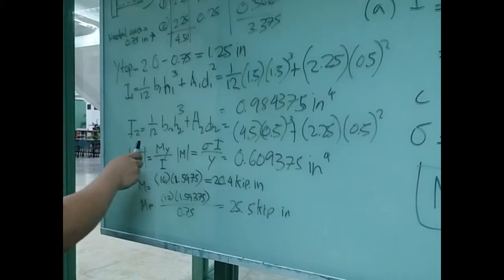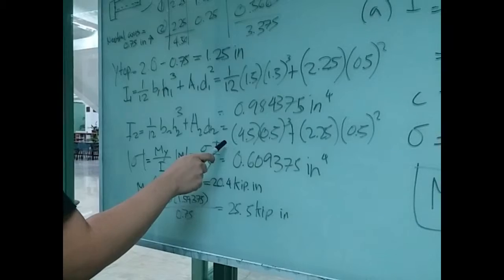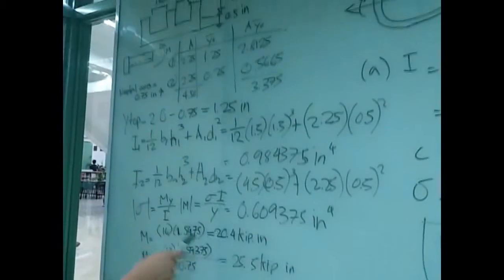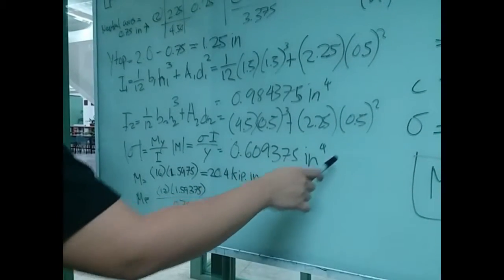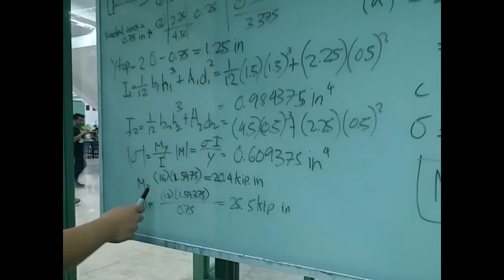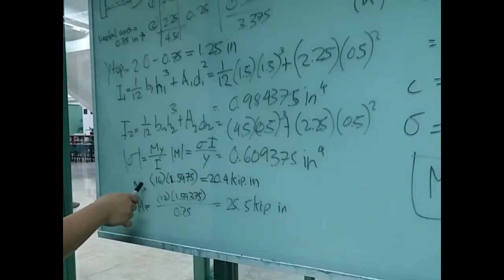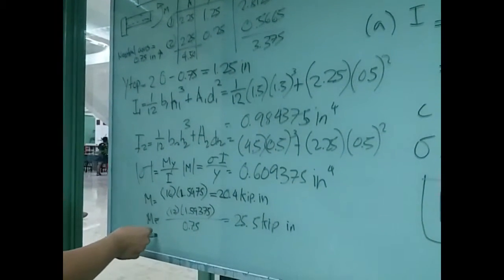So the stress is equal to moment times y bar over the moment of inertia. That's why we get the y bar here. So 0.609375 inch to the fourth. So for the bending moment, to know the largest, we will find the moment from compression and tension.